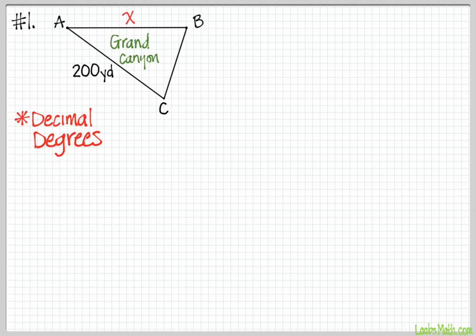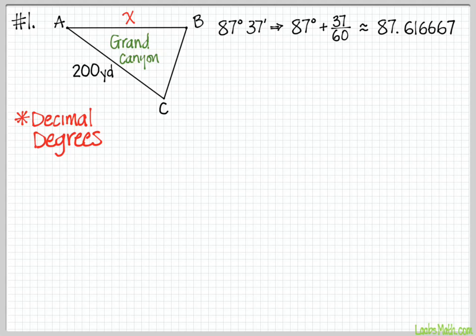And the difficulty of this problem, it's not really the situation, it's that they're going to give you the angles in degrees and minutes. And whenever we have minutes, we just divide by 60, and that will give us the decimal degrees. We'll get a decimal answer there. So that's what we need for our problem, and we're going to do that with the other angle that they gave us. Now we have our decimal degrees.